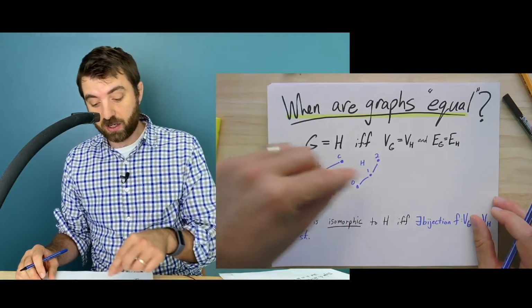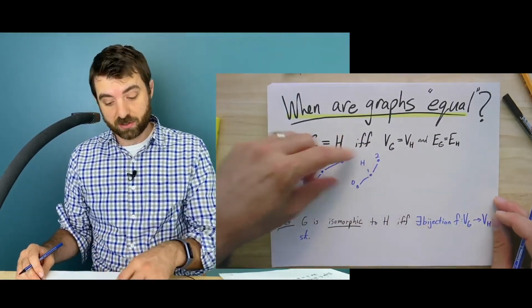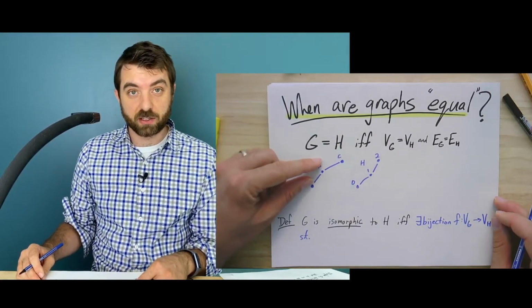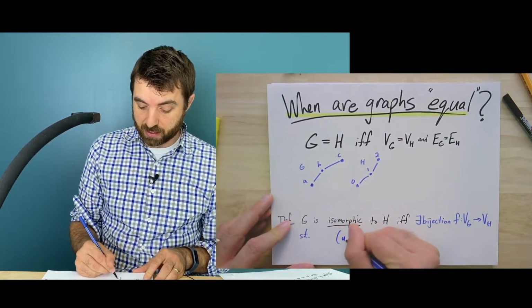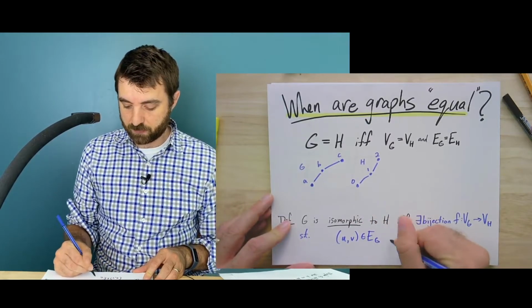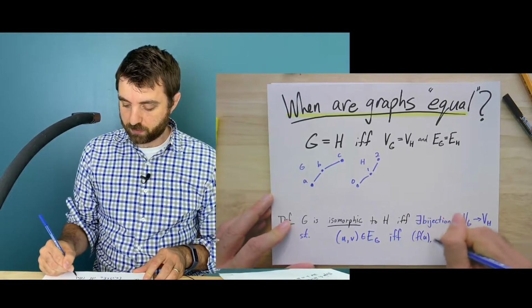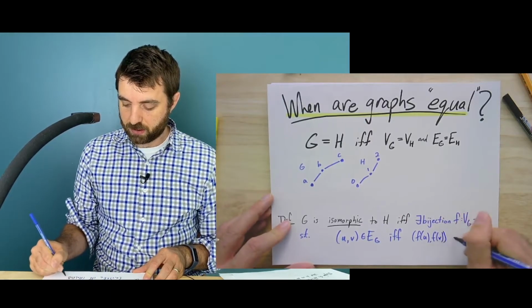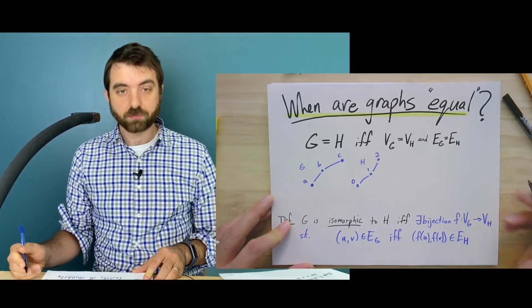So if there's an edge over here, it should be an edge over here. If there's an edge over here, and I took the inverse of this bijection, I would find an edge over here. So that is the same as saying that any uv is an edge in G if and only if f(u), f(v) is in the edge set of H.